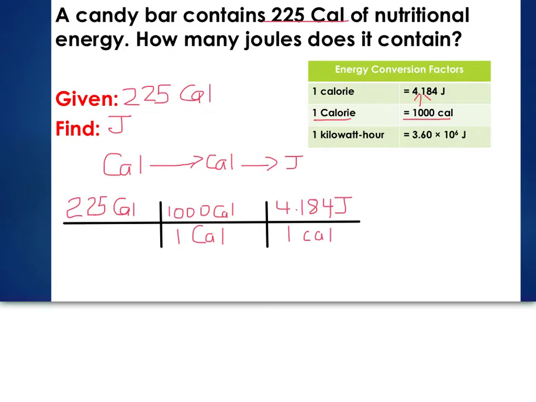And again, let's look at how our units come into play. Big cal, they cancel each other. Small cal, we're left with joules. So we multiply out, and our answer is 9.41 by 10 to the 5th joules.